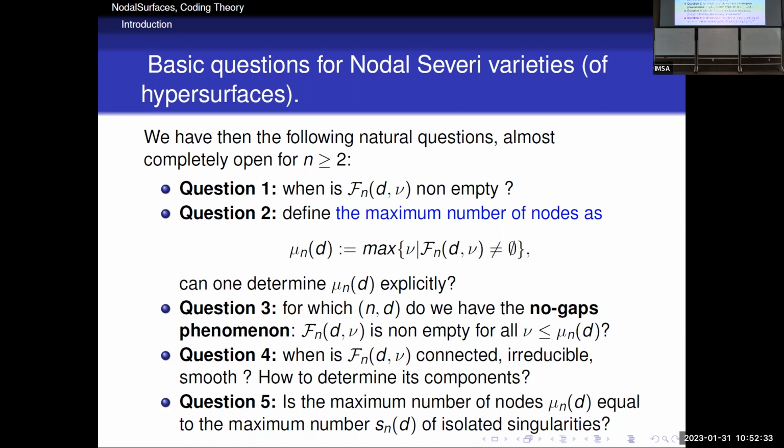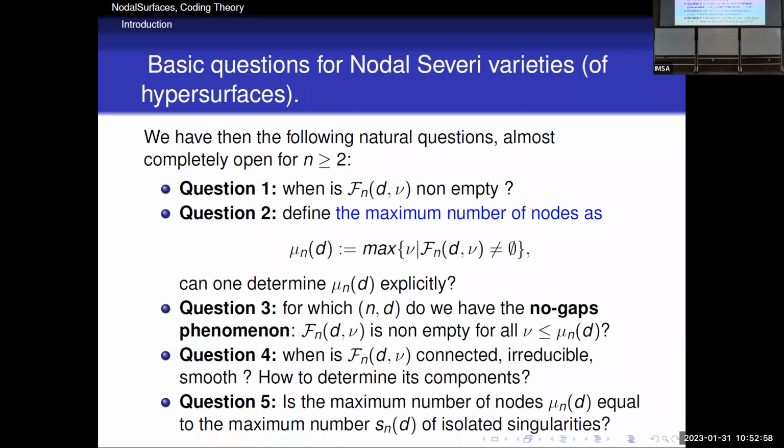Can this number be determined explicitly? For which n and d do we have no gaps, so that the nodal Severi variety is non-empty for all numbers of nodes smaller than the maximum? When is this connected, irreducible, smooth? How to determine the components?